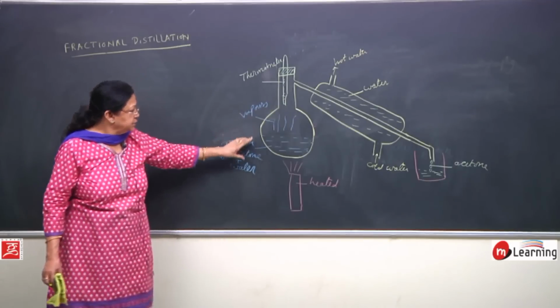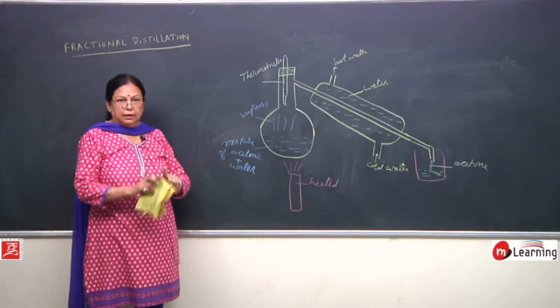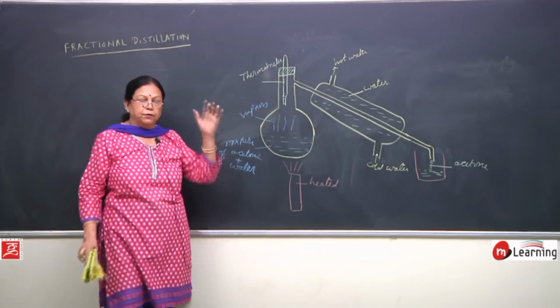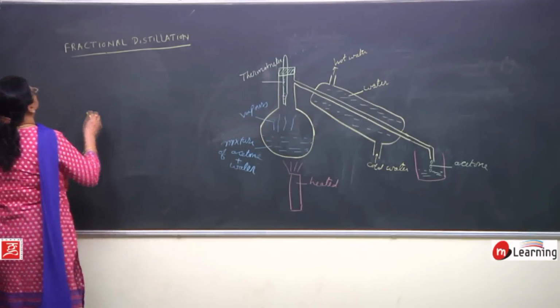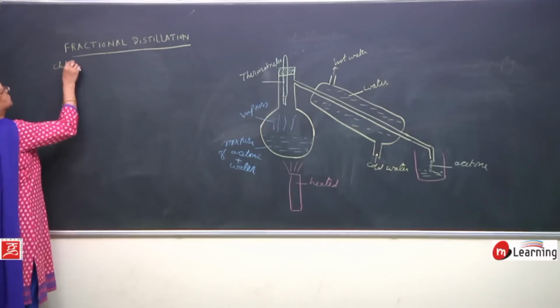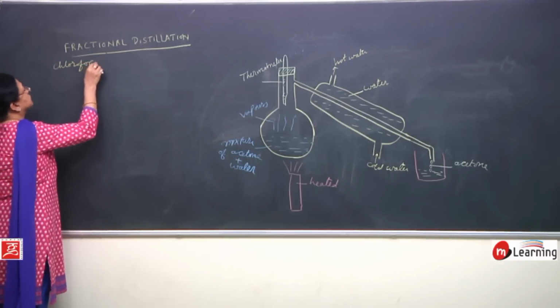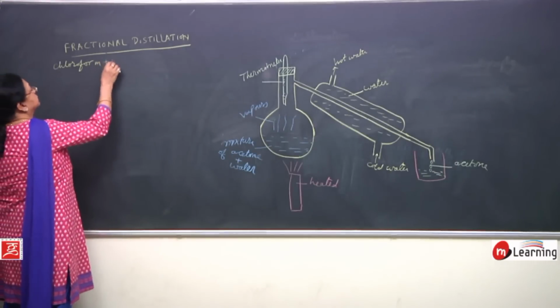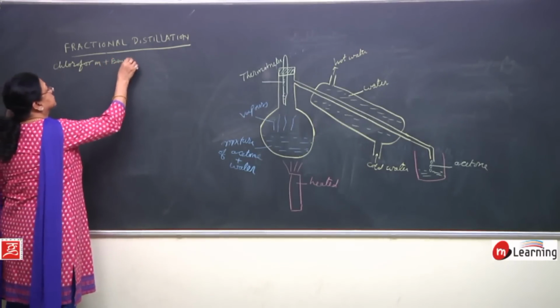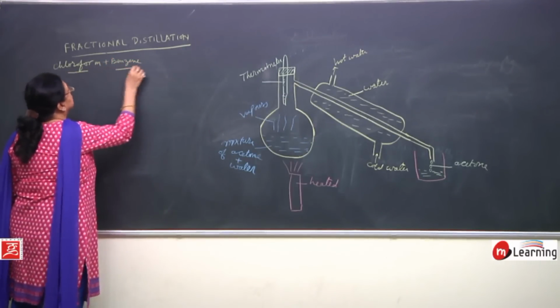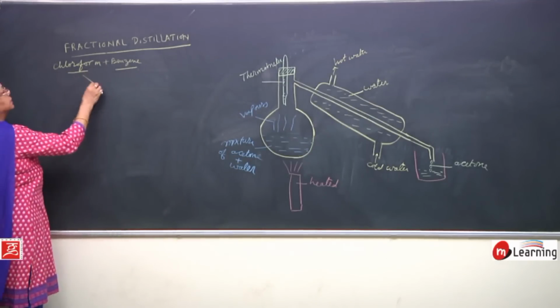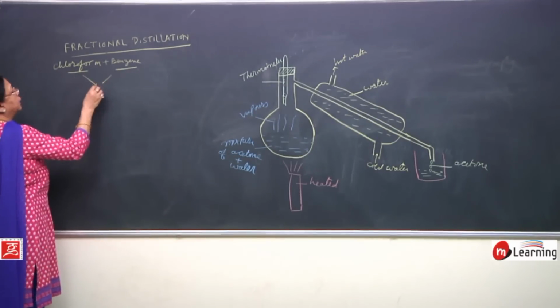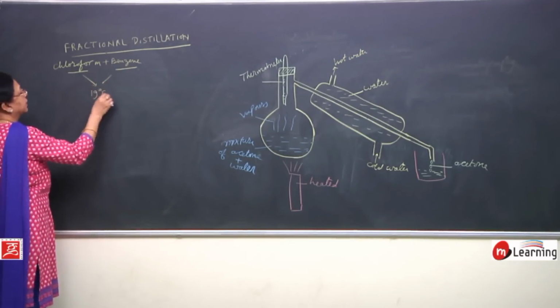As I told you, these two liquids have quite a different boiling point. If you take the mixture of chloroform and benzene, the difference in the boiling point is 19 degree.